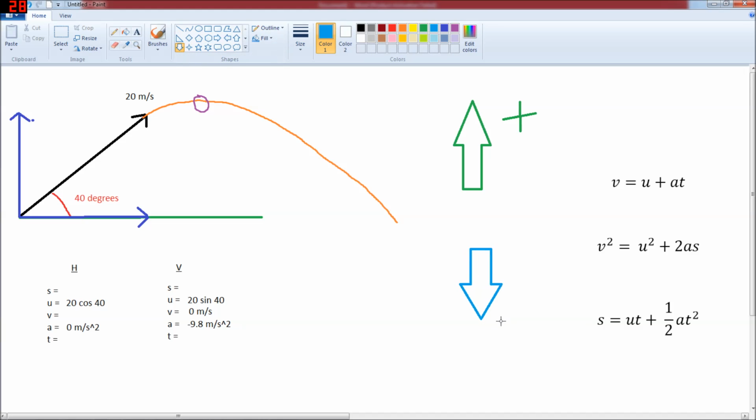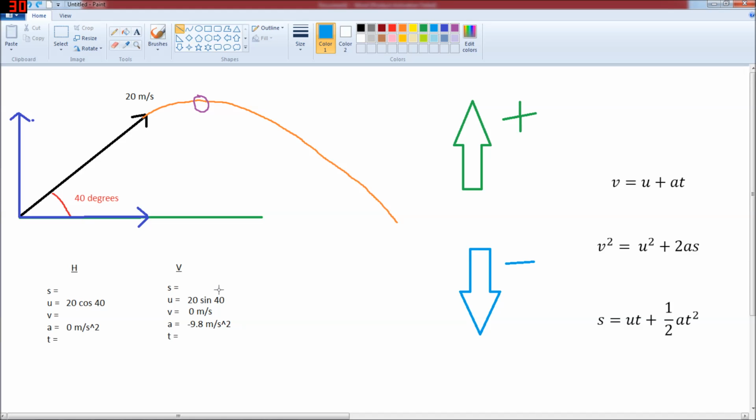So here is down, and down would be negative. If I make sure that all upwards values are positive and all downwards values are negative, then everything will come out really nicely. And if I solve for something and get a negative value, I'll know it's heading downwards. Now I'm at a position where I can start to do some solving.